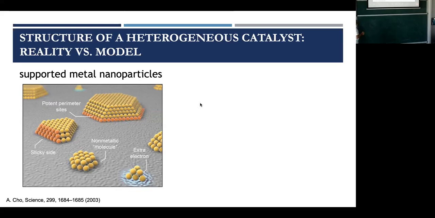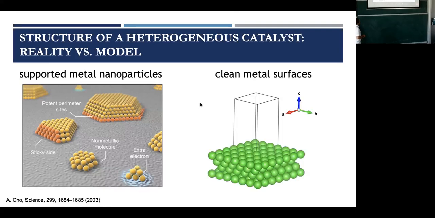We have perimeter sites here, and the interface is supposed to be inactive, with the oxide only providing support, but in some cases it can also assist in speeding up the reaction. What we generally do in modeling is take the surface that is most exposed to the reactant molecules and model it as a clean metal surface. So we just create a clean surface of that particular facet. Here the facet is different and here the facet is different.